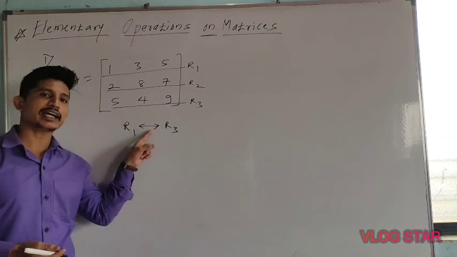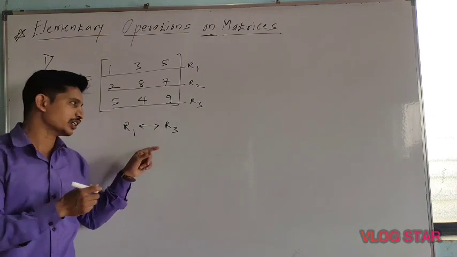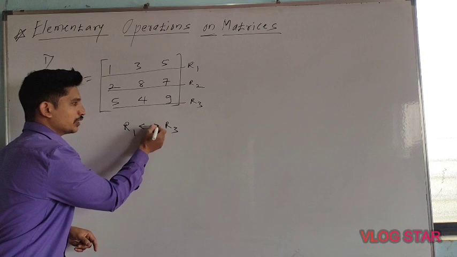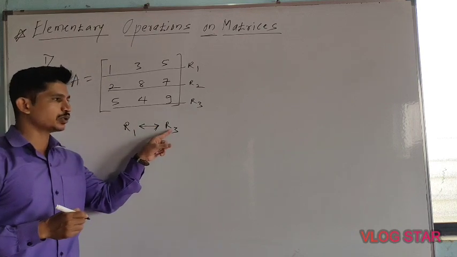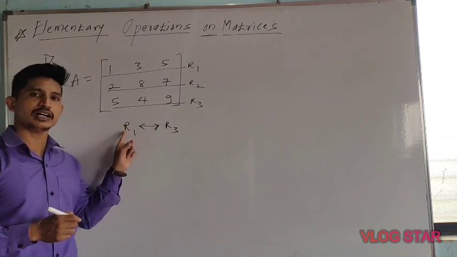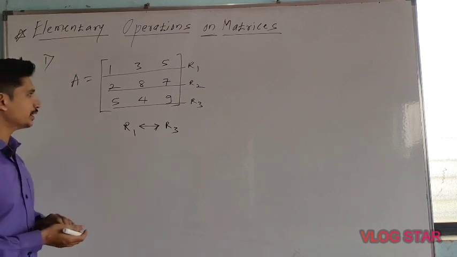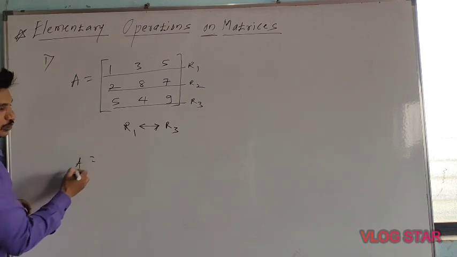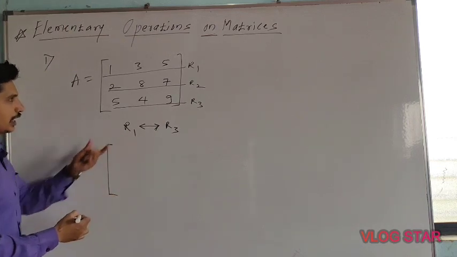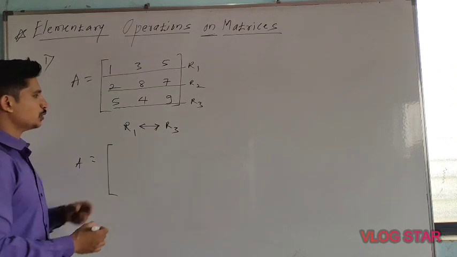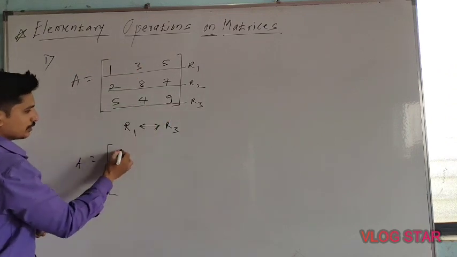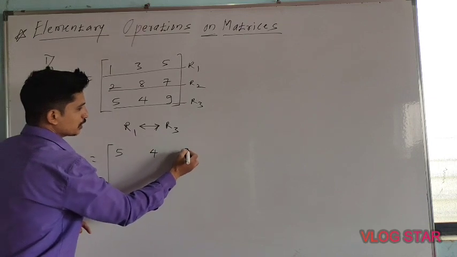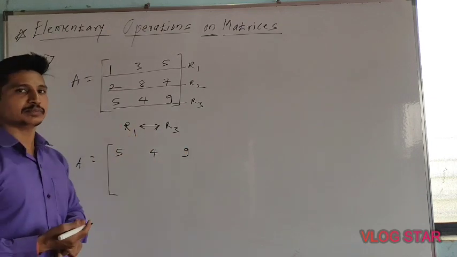This is the sign for the interchange, one arrow here, one arrow. That means R1 goes to R3 and R3 goes to R1. See how I write here: A is equal to, R3 comes in R1's place, so 5 4 9 comes in R1's place.